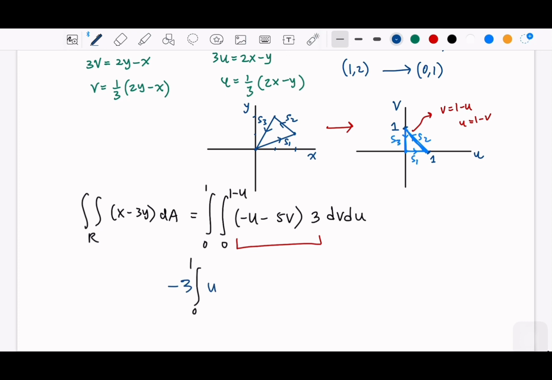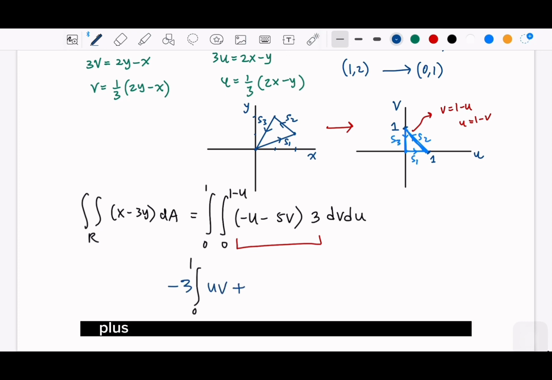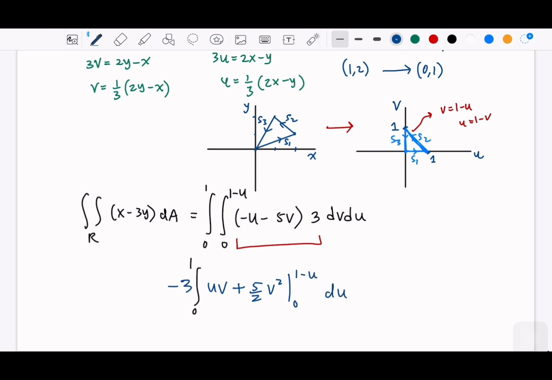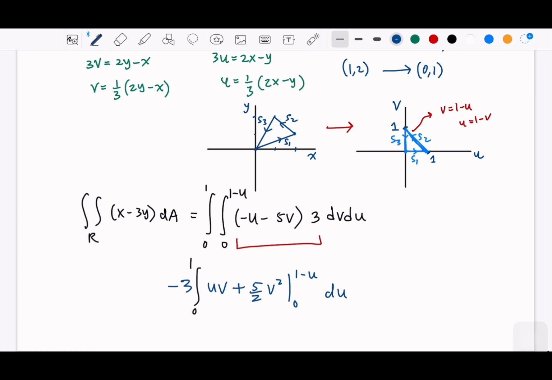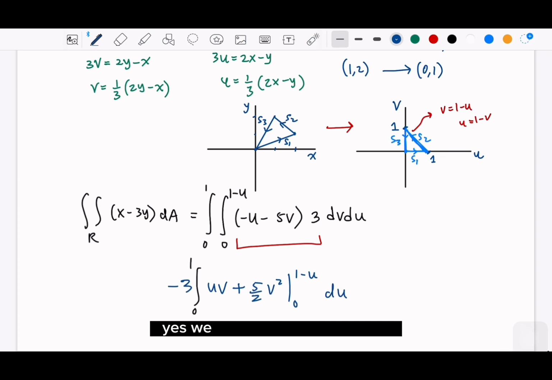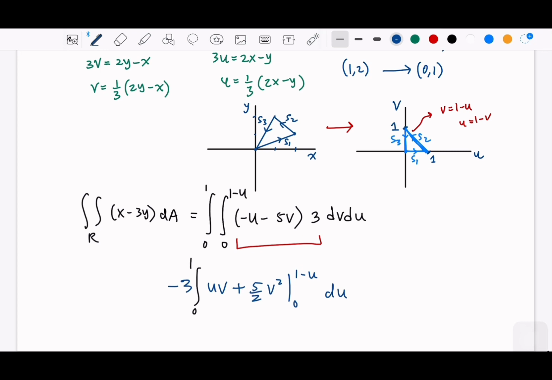So uv plus 5 over 2 v squared. I think we still have more to complete, but I will just end up till there. So I hope you can get it completed. I think it's a normal integration, but you need to square this and then integrate once more and then finish.